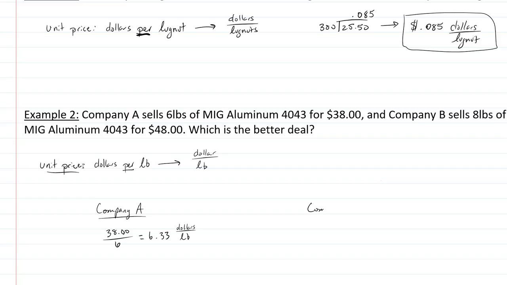And Company B has $48 over 8, which gives you $6 per pound. The better deal is clearly the one that costs less per pound, so Company B has a better deal for aluminum.